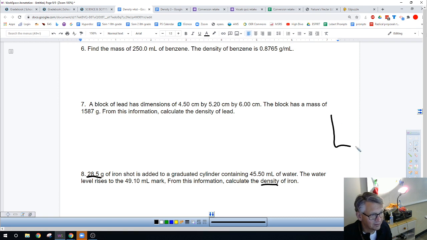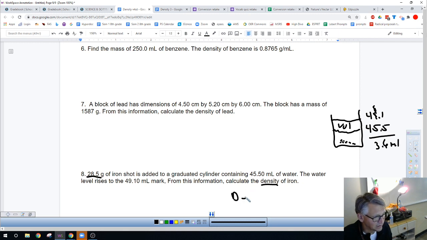So we have a graduated cylinder with water in it, and it starts off at 45.5, and when we add the iron shot to it, it goes up to 49.1. This right here will be the volume, so we have to find the difference between them, 3.6 milliliters.